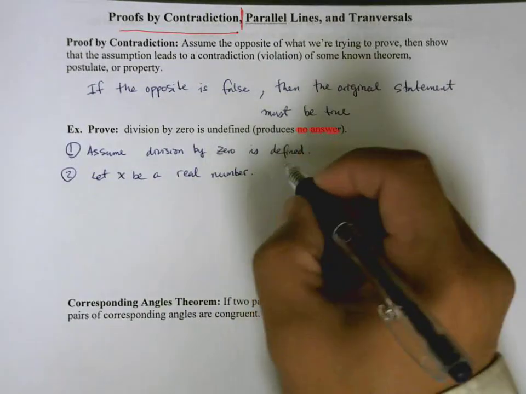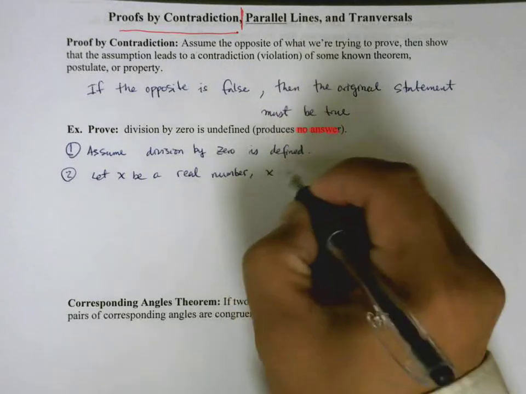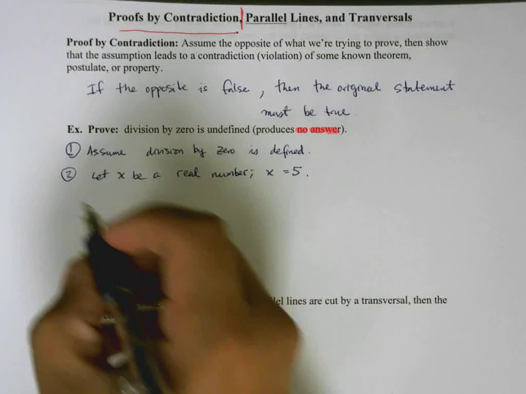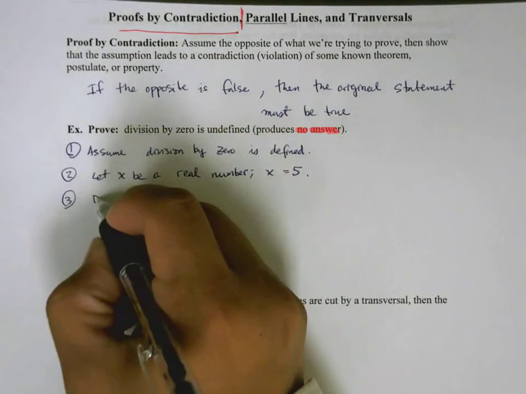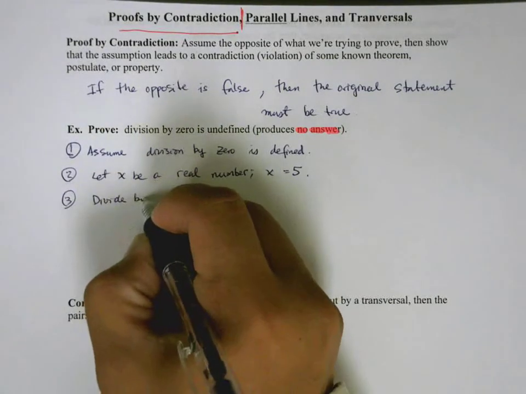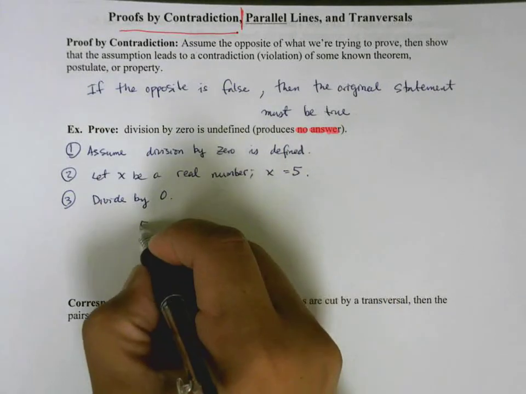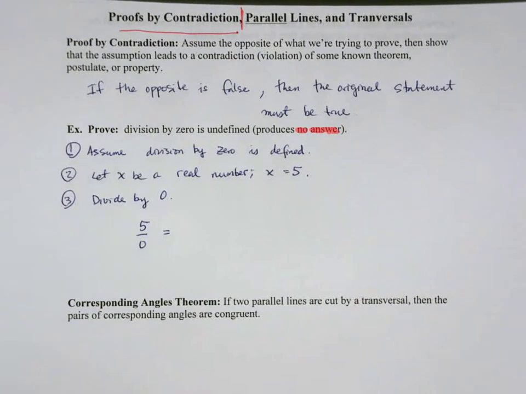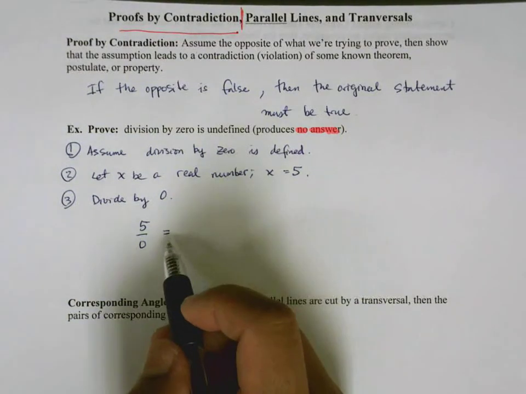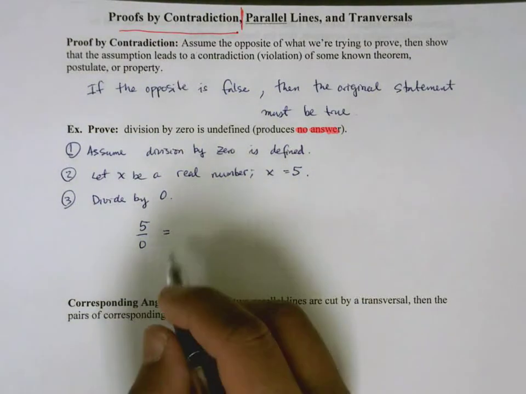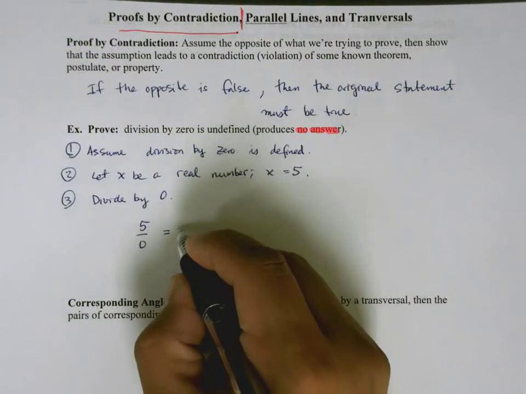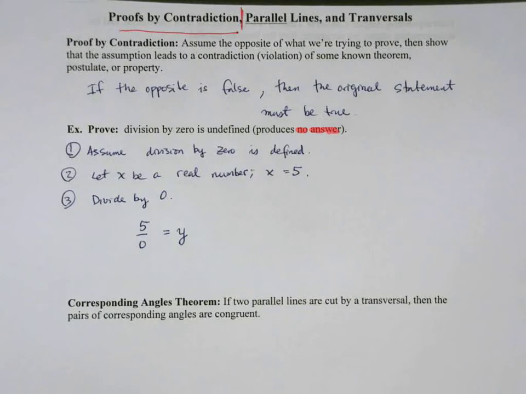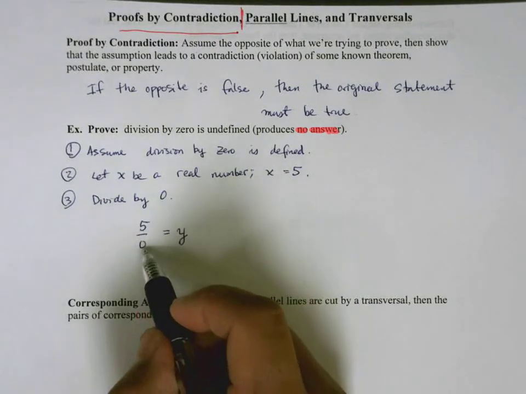Maybe x is 5. And then divide it by 0. So we get 5 divided by 0 equals, and we don't know what this equals. I don't know exactly what this is equal to, so I'll call it some variable. I'll call it y. So 5 divided by 0 equals y, equals some value.